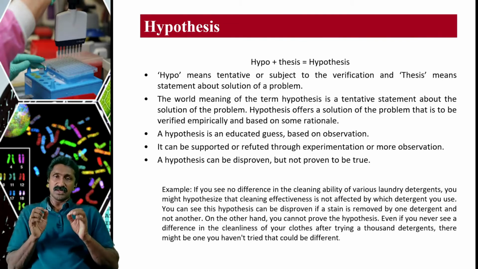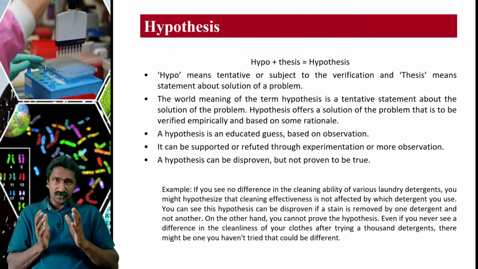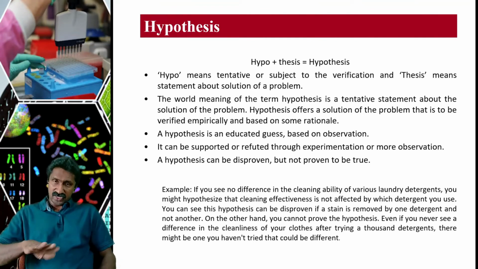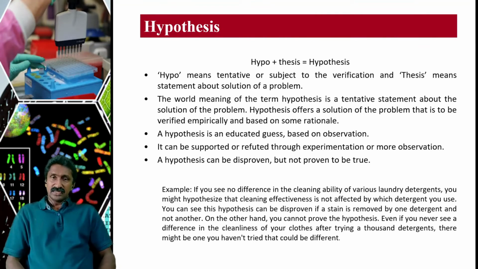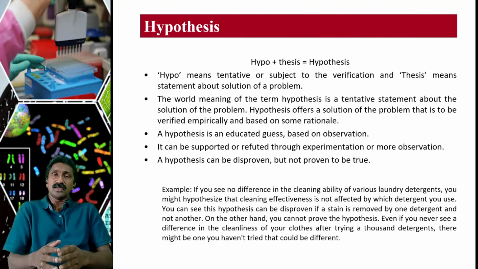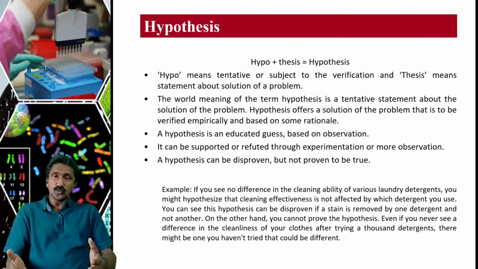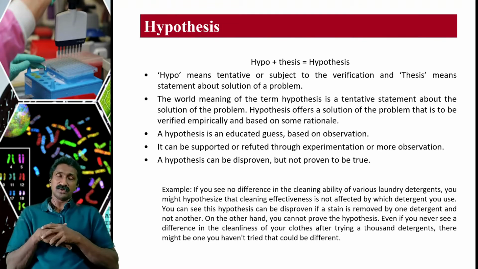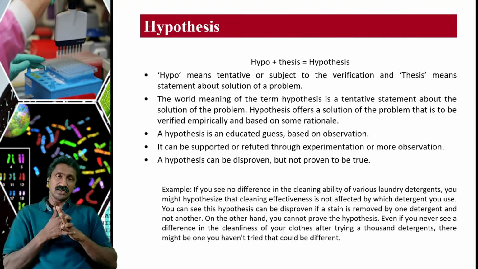A hypothesis can be disproven but not proven to be true. So a hypothesis can be disproven or rejected, but it does not demand to be proven true, because many hypotheses cannot be proven true without proper experimental evidence, or sometimes there is no provision for performing such an experiment.